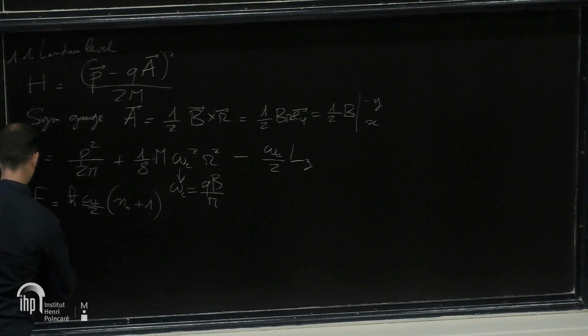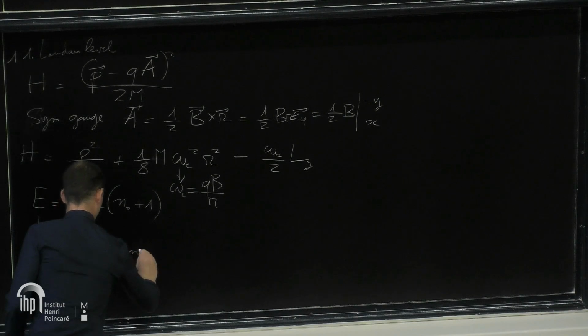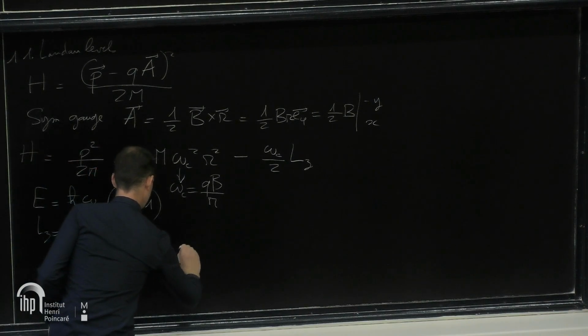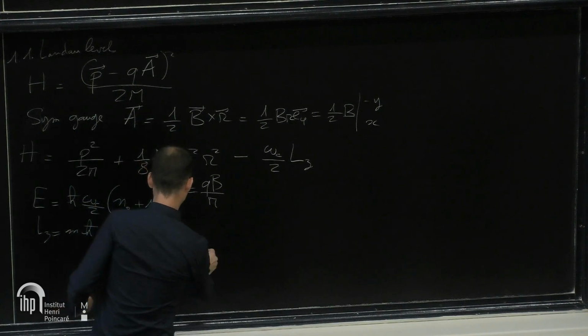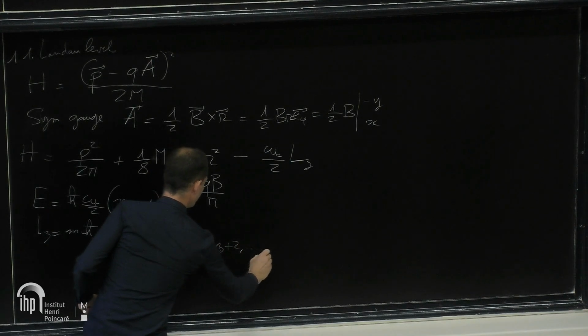So Lz is m h bar, and m ranges between minus n0 and n0, but only values of the same parity. So minus n0 plus 2, up to n0.